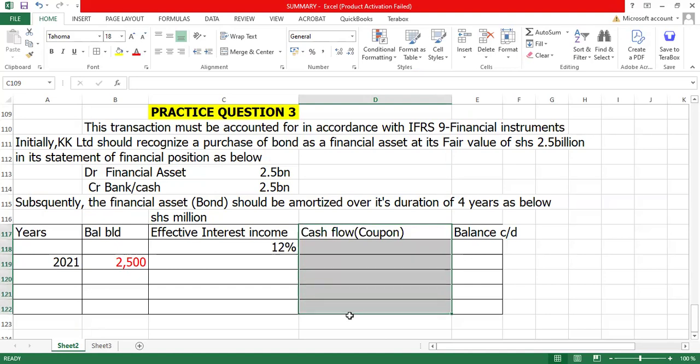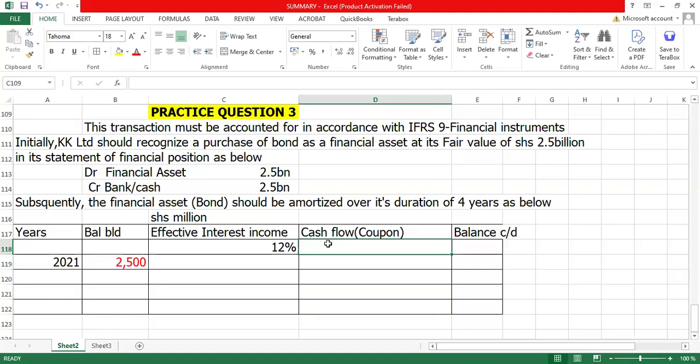as you get the cash flows, this one must be based on the par value. You don't adjust here. It's the par value. What is the par value? What is the nominal value of this bond? Don't remove discount. Don't add transaction cost. It's the par value as we get the coupon. Okay.